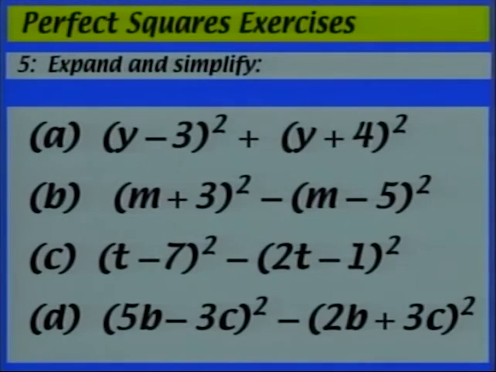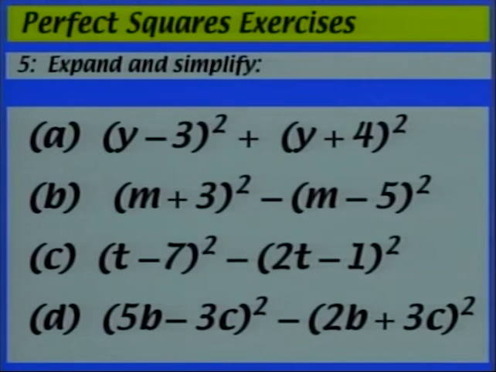Okay, letter B, m plus 3 squared minus m minus 5 squared. Your answer is supposed to be 16m minus 16. Letter D, 5b minus 3c squared.